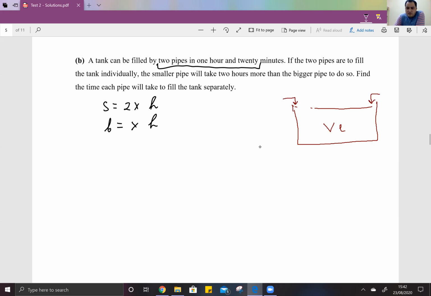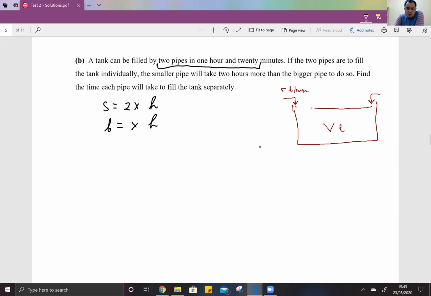And actually these taps, if you just open them, maybe this one is the smaller pipe, this one is the bigger pipe. We don't know. That means that the rates will be different. Let's say the rate of this pipe is lowercase r. What we mean by rates, since we are talking about time and volume, is that the rate of this tap means r liters per minute.